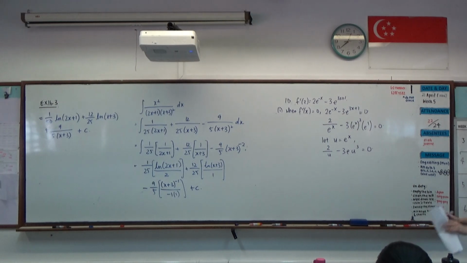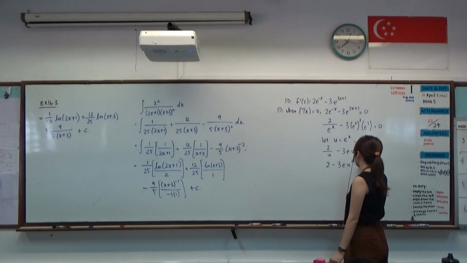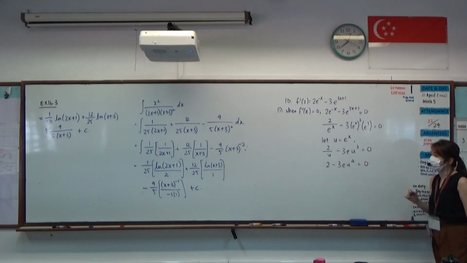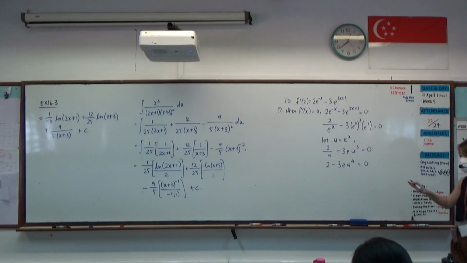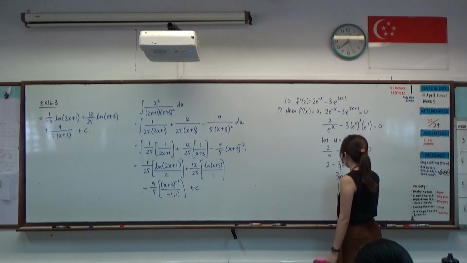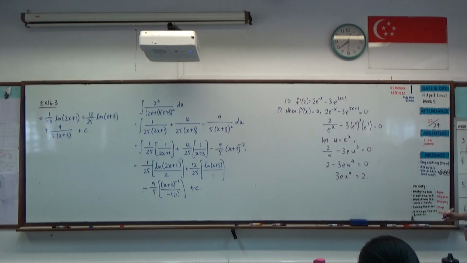Okay? Then I multiply across by u. So I have 2 minus 3e u to the power of 4. Manipulate things a bit. So 3e u to the power of 4 is equal to 2.